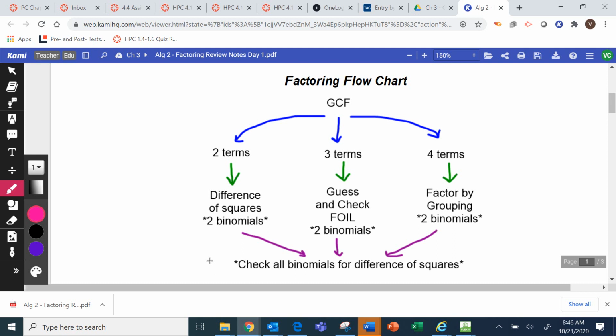In order to do this, you need to know what a term is. When we've got terms in math, they would be separated by a plus or a minus sign.